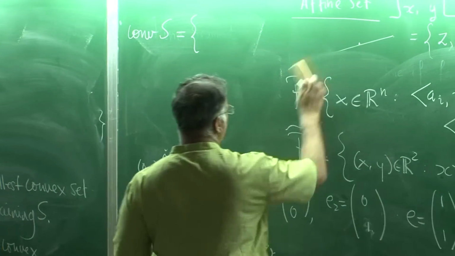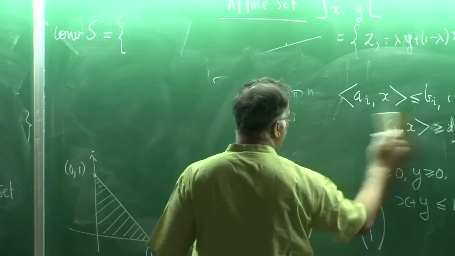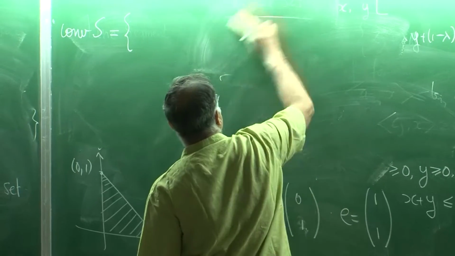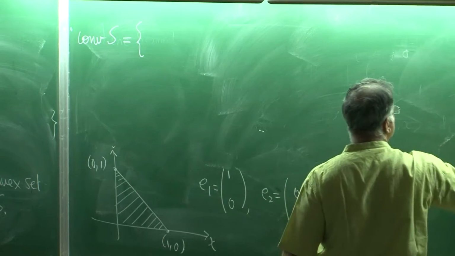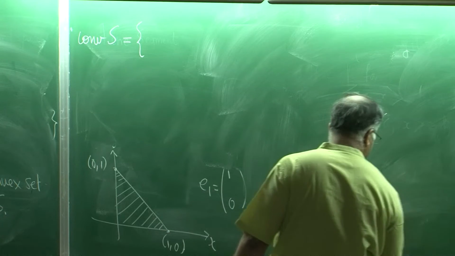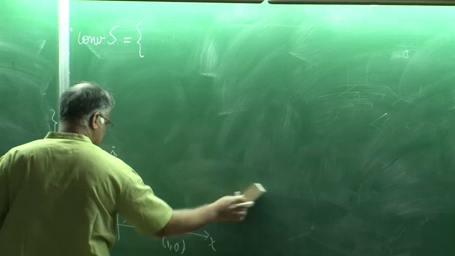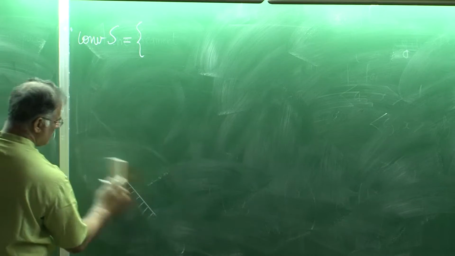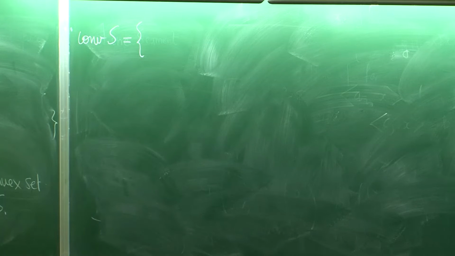It contains all possible convex combinations. Remember, a convex combination of elements means we only consider a finite number of elements. In a convex combination, there is never an infinite number of elements.